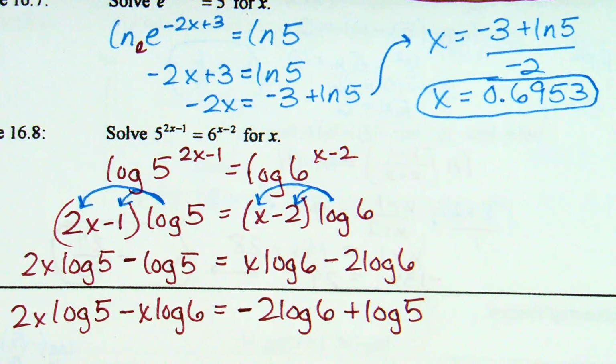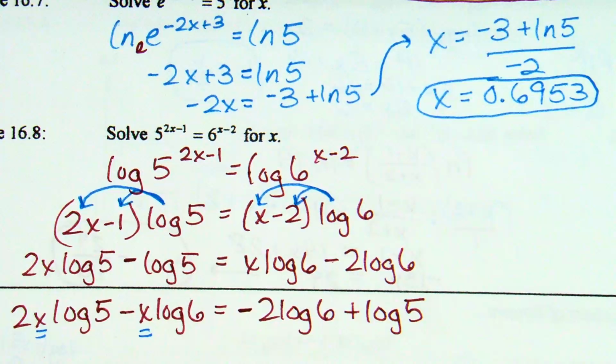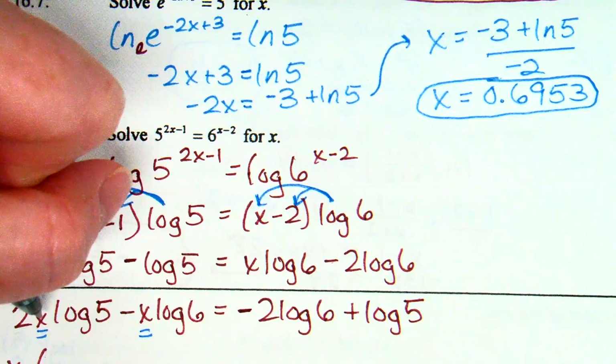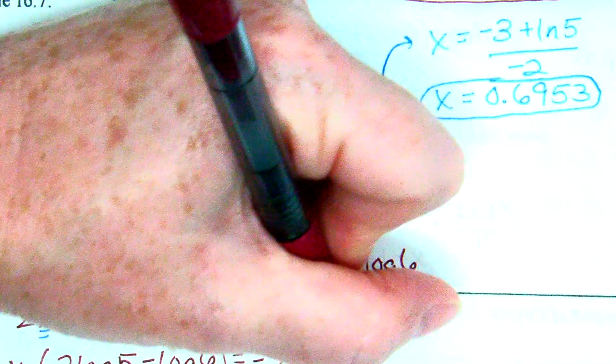On that left side, we're trying to solve for x. I've got x in both terms, but they're not like terms. Remember the technique of factoring that x out? If we factor the x out, you're left with 2 log 5 minus log 6 equals my other side of negative 2 log 6 plus log 5.